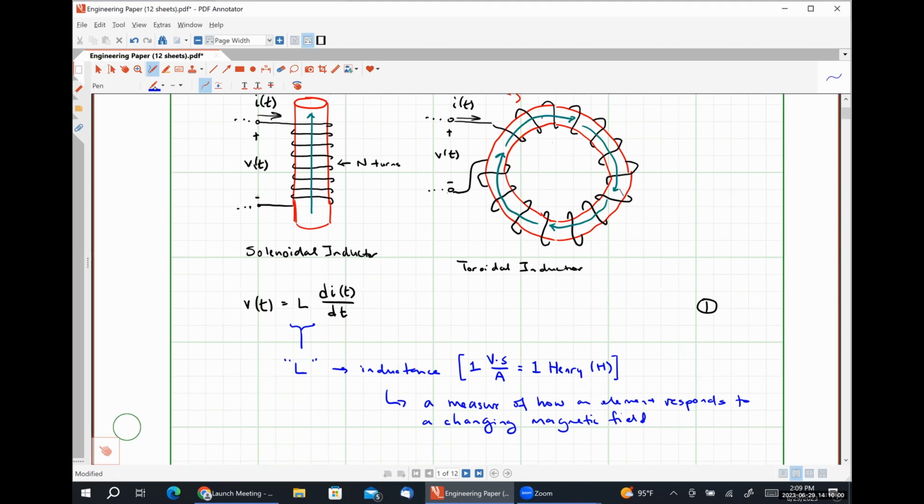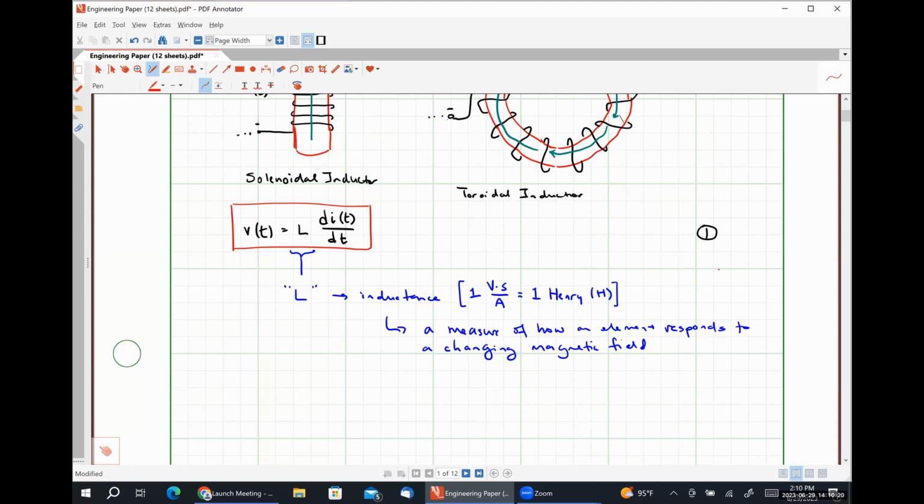So we have this first relationship here, and this is a pretty important one because it really tells us two important things about how inductors behave. Let's say that I have a very simple circuit.